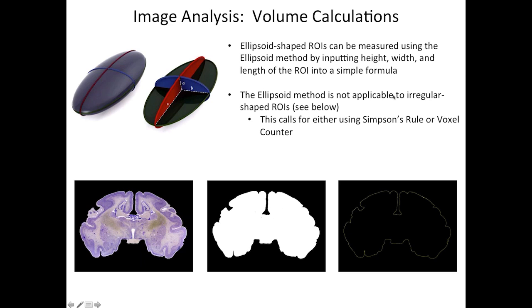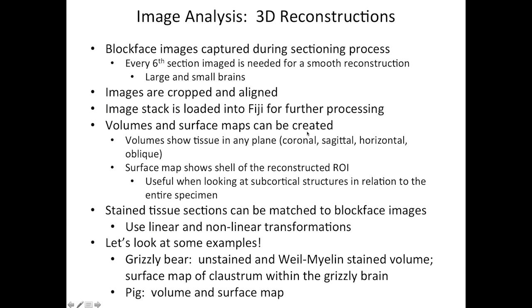During the sectioning process of the tissue, we'll actually take images of the block face every sixth section, and we'll compile these images into an image stack and, through some processing steps, create a 3D reconstruction from that image set. We found that every sixth section is a really good frequency for getting a nice, smooth, detailed volume reconstruction. And this is true for large and small brains.